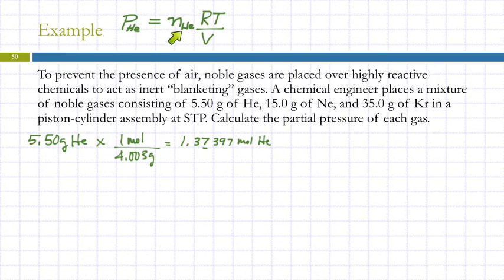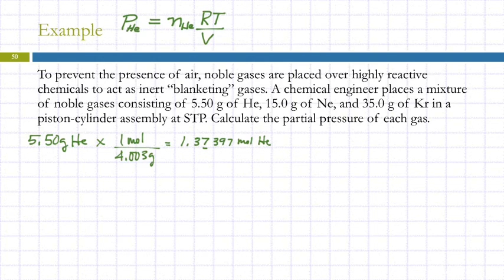So I've got n. I know what R is. What's T? What is the temperature in this problem? It's STP, so it's 273.15 Kelvin. What's the volume? They didn't give us a volume.